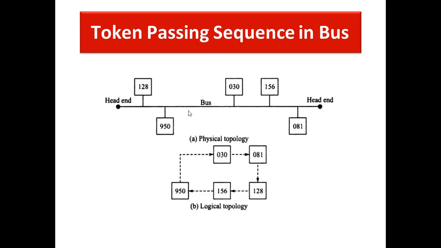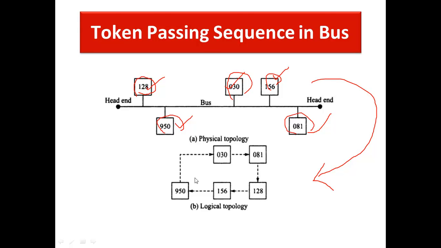To justify that, here you see the picture where you have several stations whose MAC addresses are known. This is just for your understanding that there are some numbers, and this is how they are placed on the bus. But you also have to see that the stations' MAC addresses are not in sorted order. They can be in any order, but the ultimate idea is that from this physical topology we need to form a logical topology in the form of a ring, such that the token is passed in a hierarchical address manner, meaning the sorted order based on the MAC address.